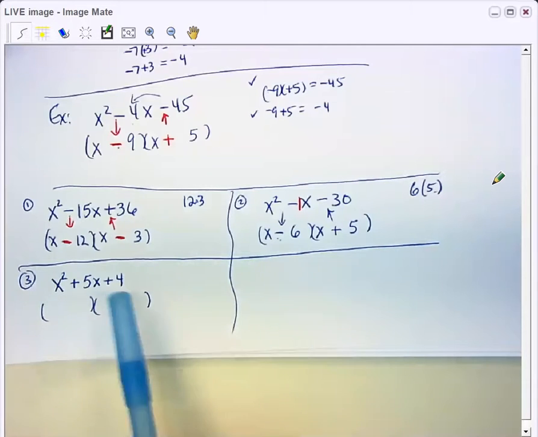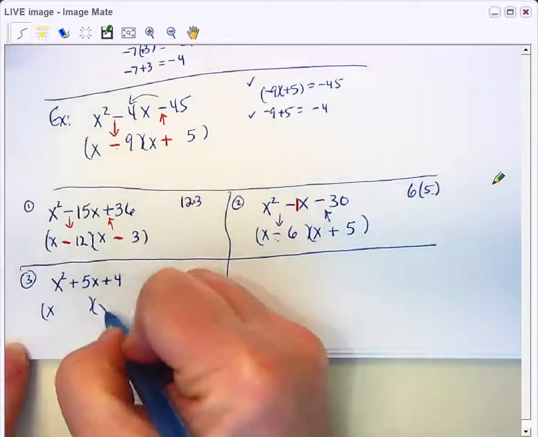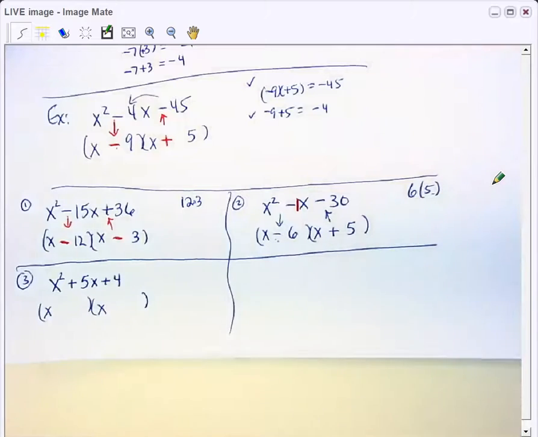So we want 2 numbers that'll multiply to give you 4 and add together to give you 5. Good, nice. So we already know it's going to be x and x. Think about it this way.